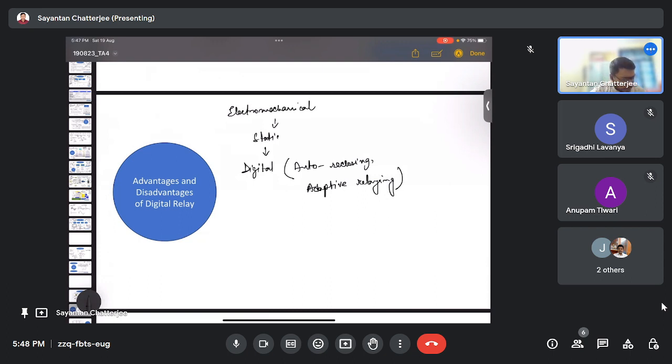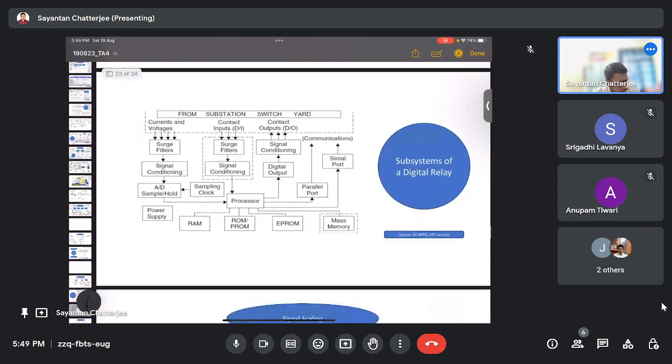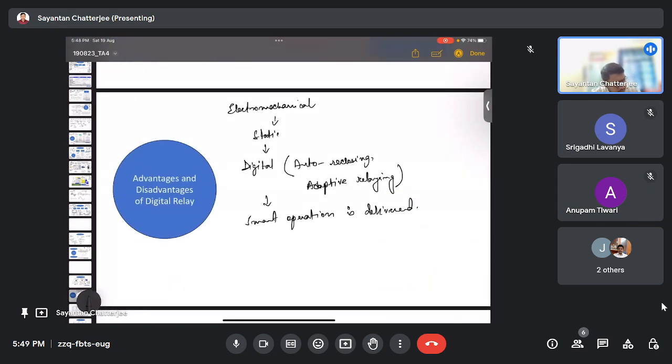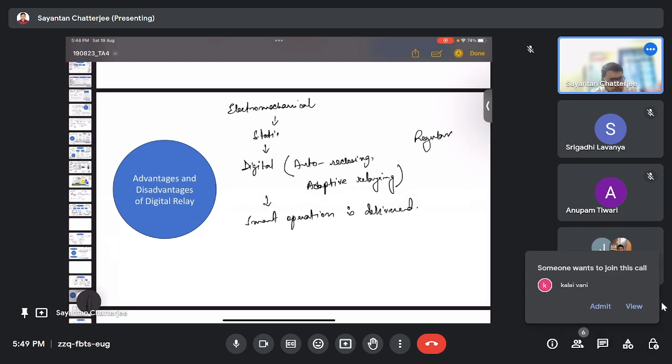The lifespan of these relays is quite low, but the smart operation needed for the smart grid is delivered by these relays. So these are mainly the advantages and the disadvantage, which is regular updation.